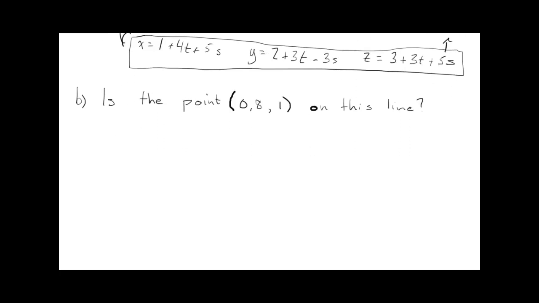So we're going to do something very similar to what we did for vector equations of lines. What we did was we took the x value, put it in for x, y value for y, z value for z. So let's do that, see what happens. So my x is equal to 0, so 0 equals 1 plus 4t plus 5s.